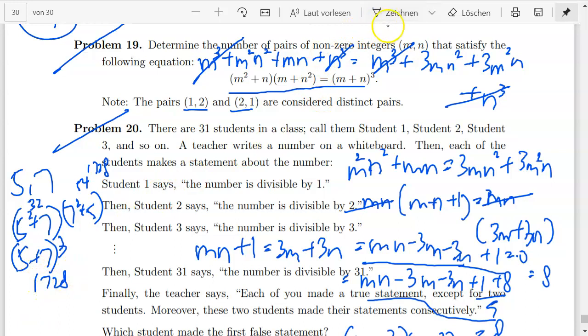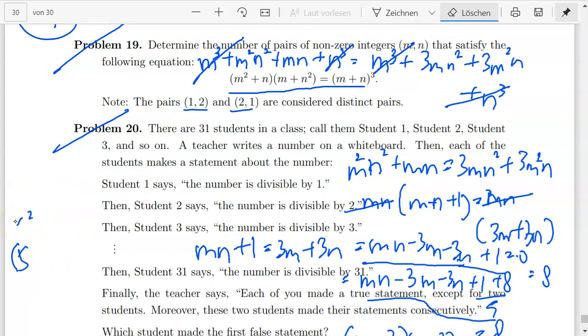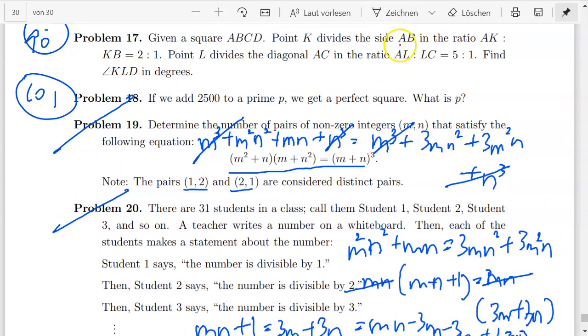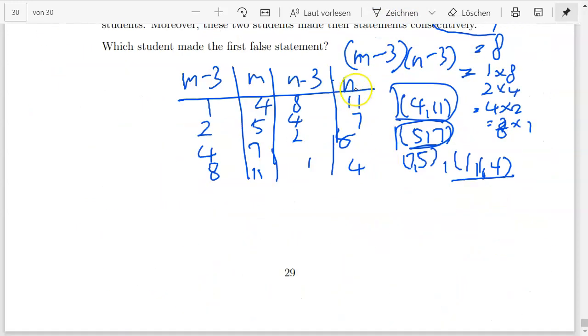So this is acceptable. But oh, I have missed out something. It is always very important to read the questions twice or thrice, lest you lose valuable marks because of one simple mistake. So what problem 19 here states is that non-zero integers actually also include negative integers. What do I mean?